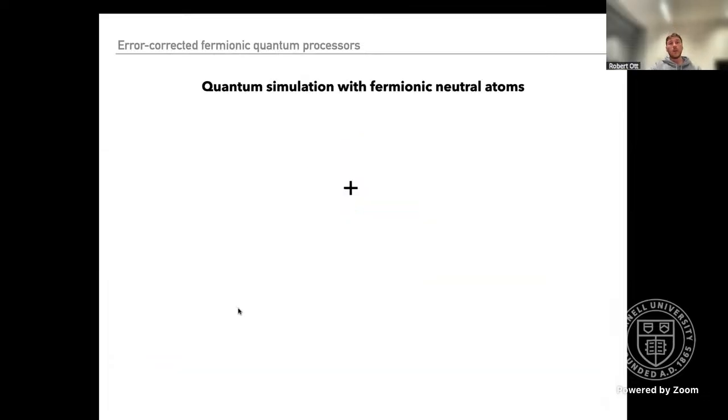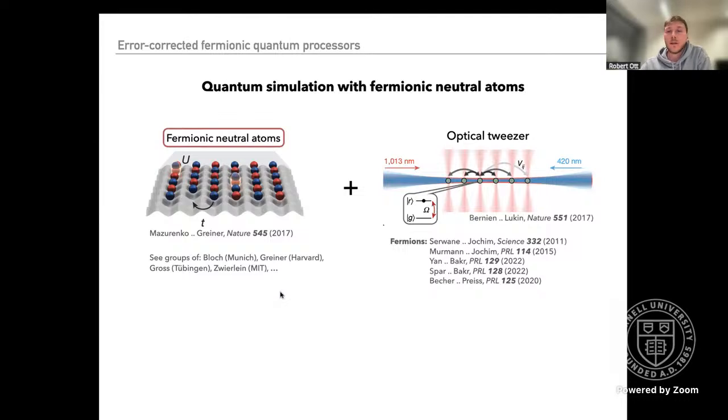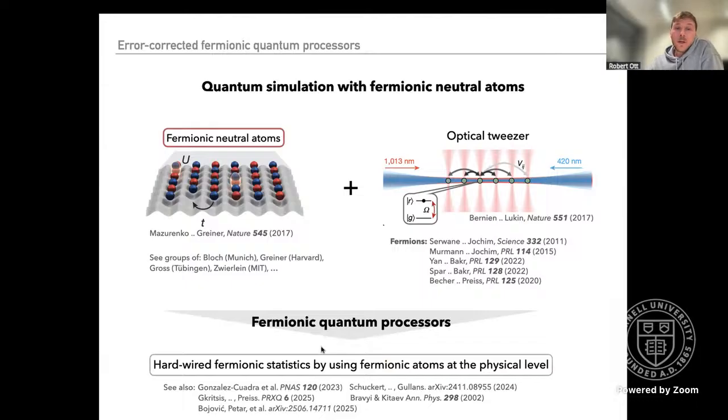And so if you want to do this, you can think, okay, can we use, on the one hand, these existing platforms that are already being used to study fermions in the lab, and combine them with novel technologies, for instance, optical tweezer arrays that have been developed for almost a decade now in order to study many-body physics. Can we use these? Can we combine this and create something that we might want to call a fermionic quantum processor?